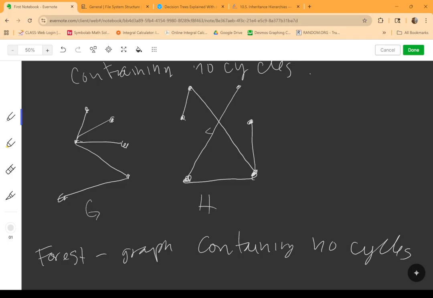If we think of G and H as just representing one graph, then it would be a forest, where it has parts that are not connected, and each one of those parts doesn't have a cycle. So when we connect the graphs of a forest, it becomes a tree.